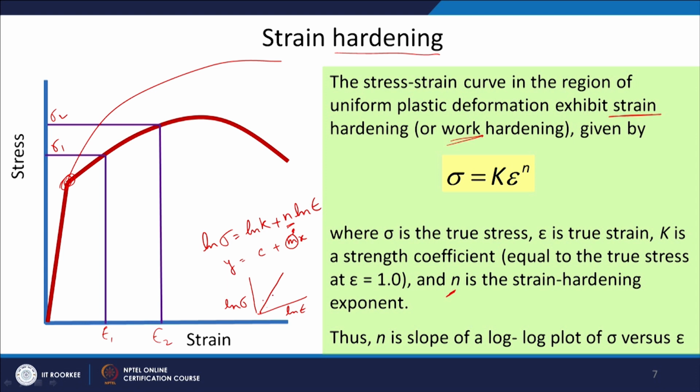You will get some points for which you will have a best fit line here, and the slope will give you the strain hardening exponent. So, this is how you get the strain hardening exponent from the experimental data.